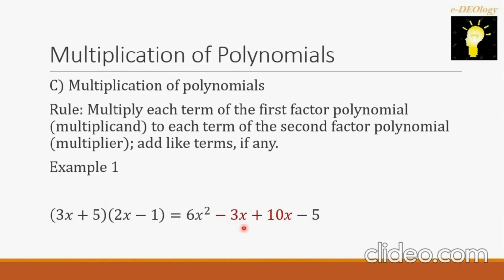As we see here, the negative 3x and the 10x are like terms, so we can add them. So negative 3x plus 10x becomes positive 7x, and then the final answer is 6x squared plus 7x minus 5.